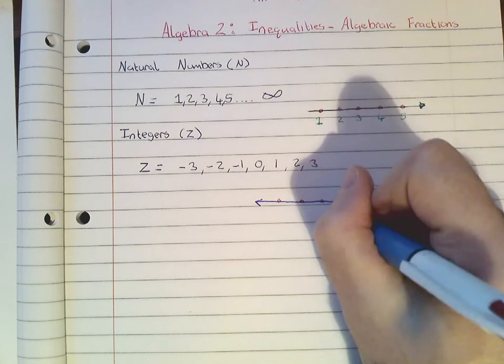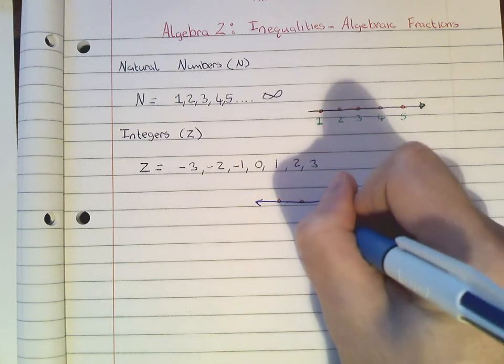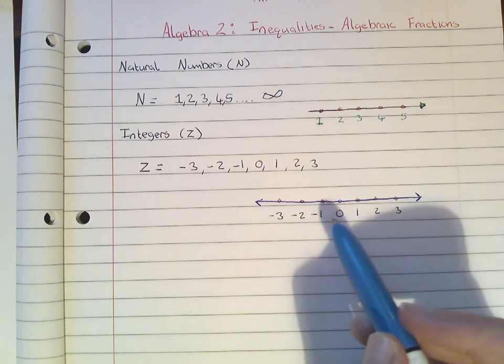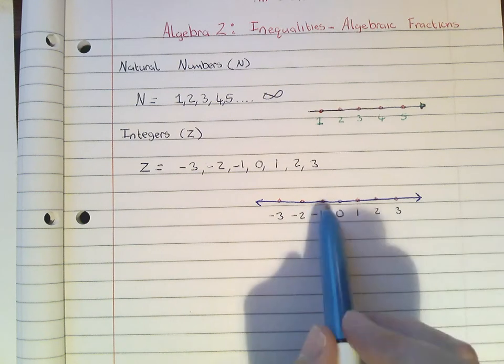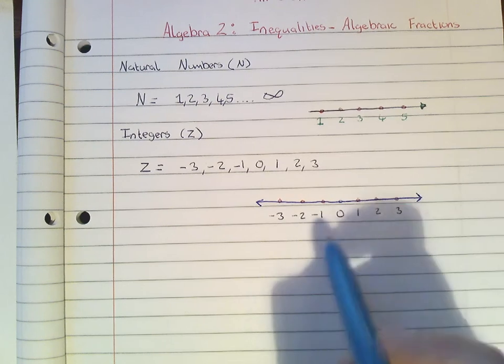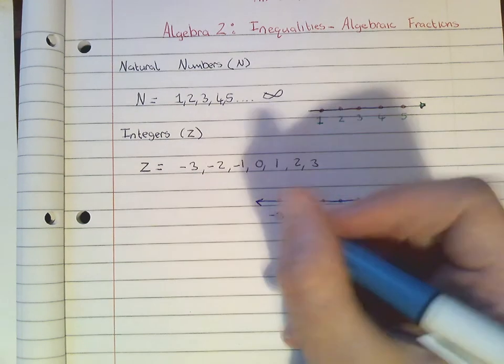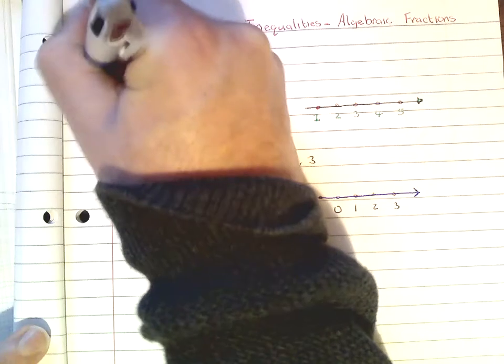So on the left hand side of the 0 you have the negative integers, and on the right hand side you have the positive integers.